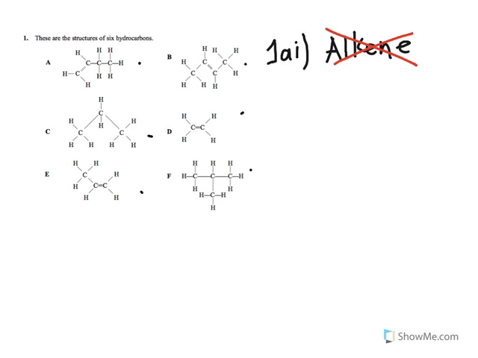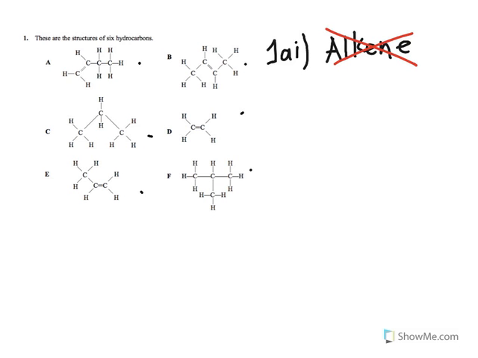Also, the general formula of an alkene is CnH2n, meaning if you have 5 carbon atoms in the molecule, you must have 10 hydrogen atoms. So all you have to do is look at these structures.